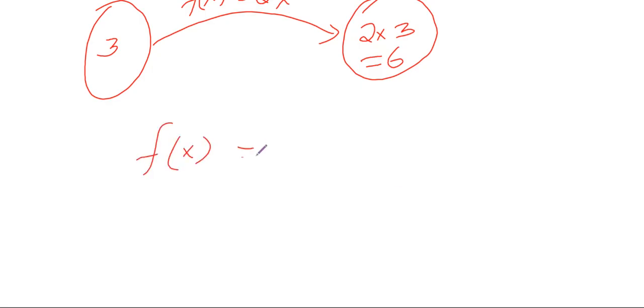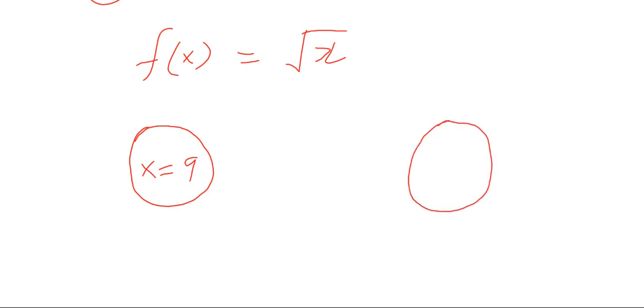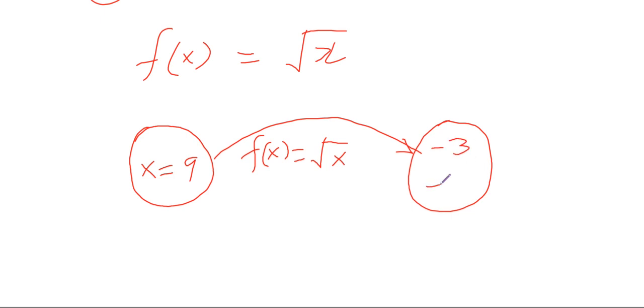Say if you have f of x is the square root of x, then if you feed an input, say x equals 2, or x equals 9, for example, then you look at what the outputs are. So we take the square root of 9, and we know that the square root of 9 is either minus 3 or plus 3.